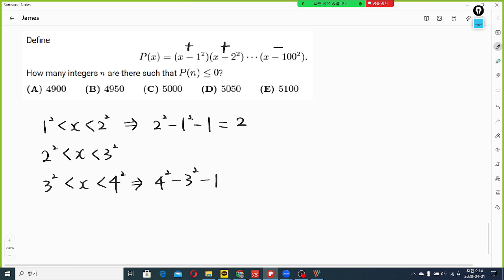So that means 2 and 3 are located between 1 and 4. And the number of x values in the third interval is 6. And the fifth interval's number of x values will be like this, and that's 10. So it makes an arithmetic sequence.